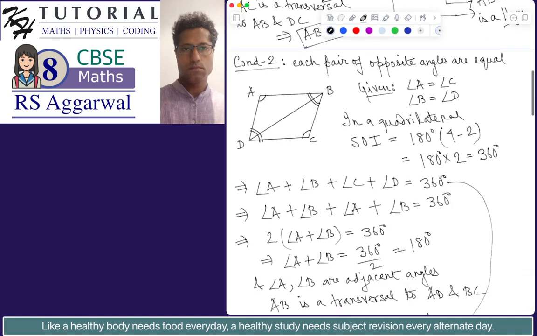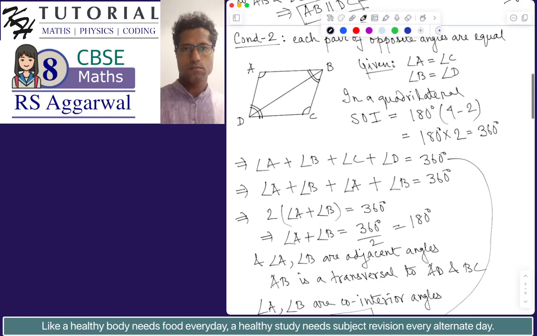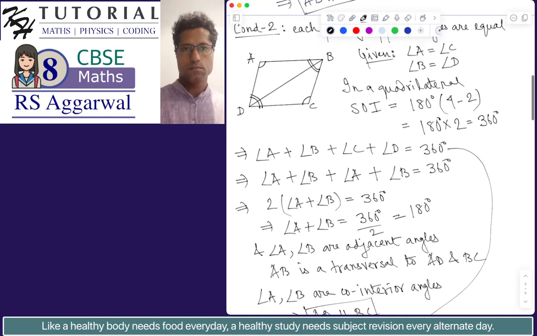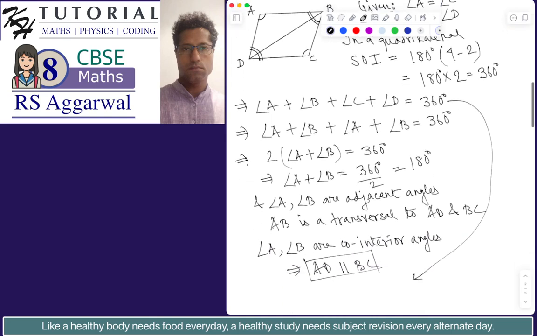Angle B and angle C are co-interior angles, where BC will be a transversal to AB and DC. But first we need to prove that angle B plus angle C is equal to 180 degrees.